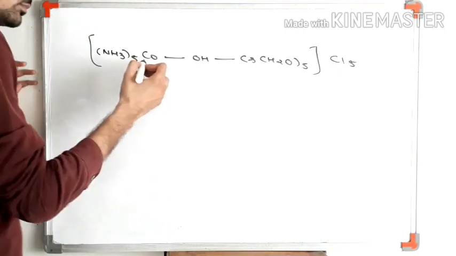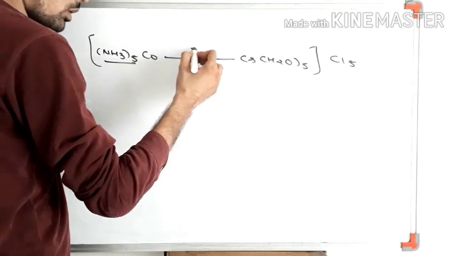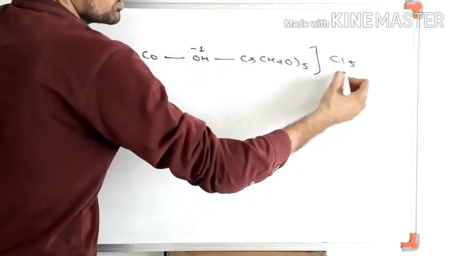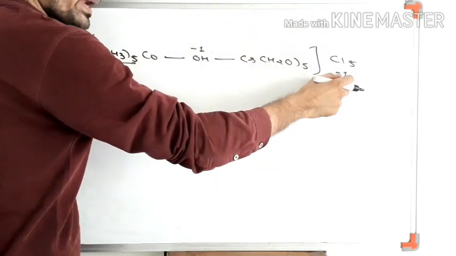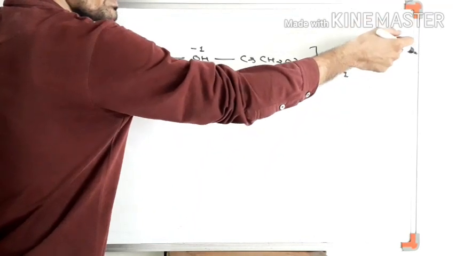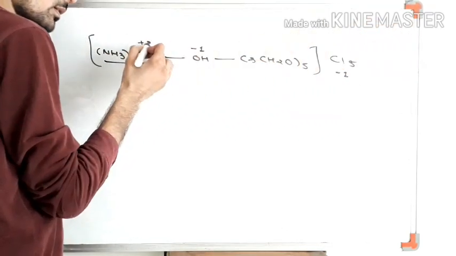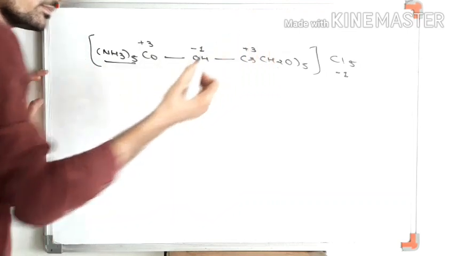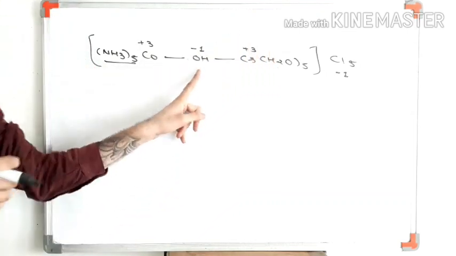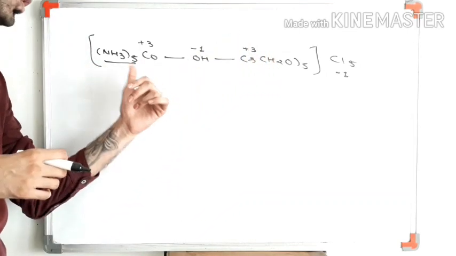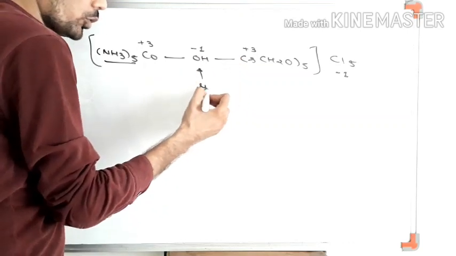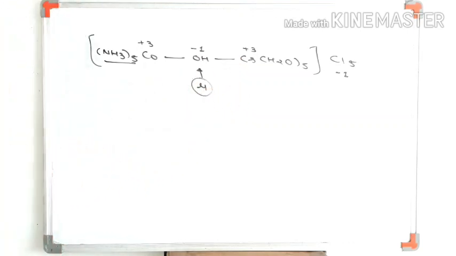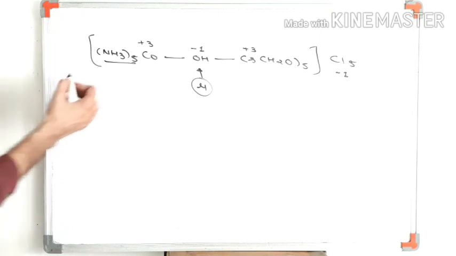Like 0, minus 1, minus 1 five times means minus 5, minus 1 and minus 5, minus 6, that side plus 6, plus 3 and plus 3. Now OH is combined with cobalt as well as chromium, so for the name of OH you have to apply mu before the name.